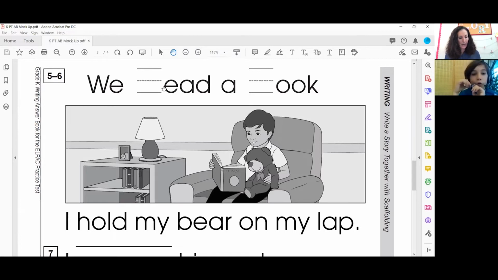Read. Good. Now write the first letter of the word read where you see my pointer. On your paper, it's number 5. Good job. Thank you.